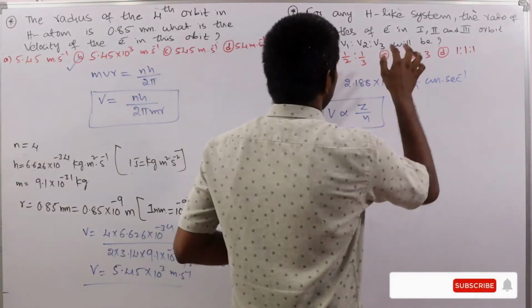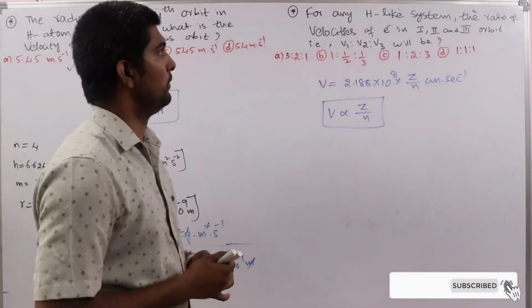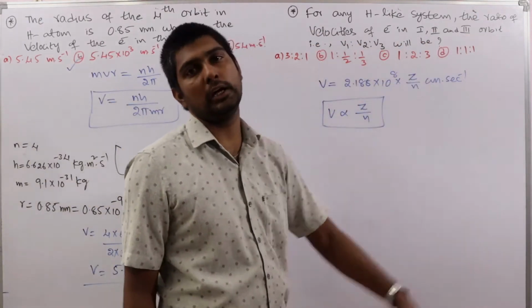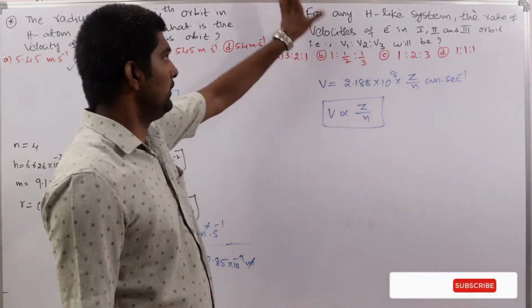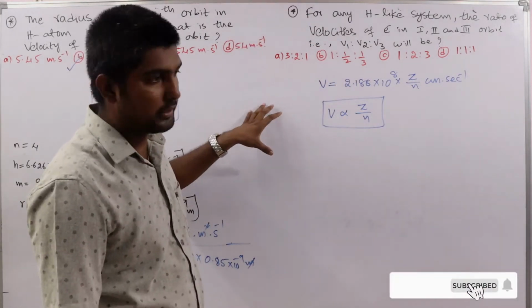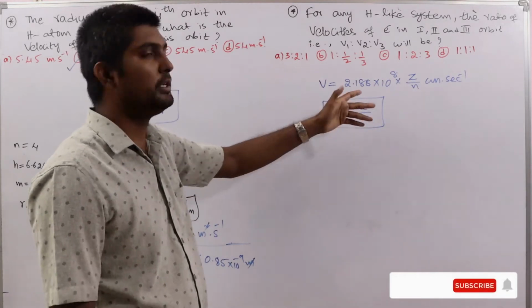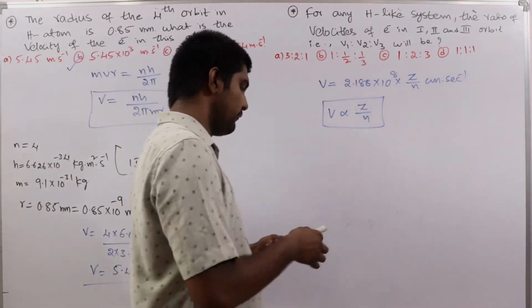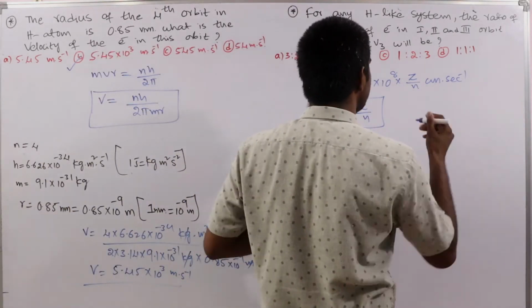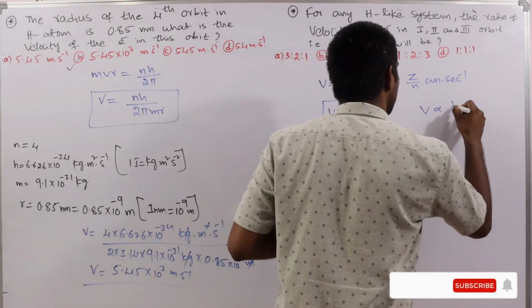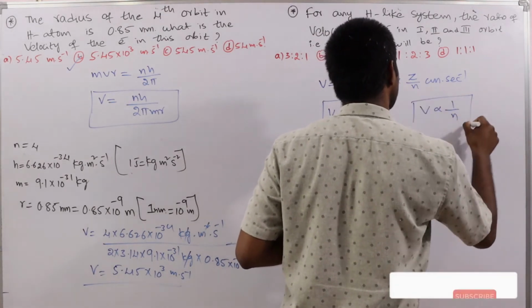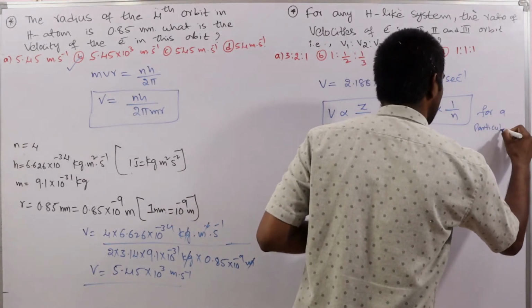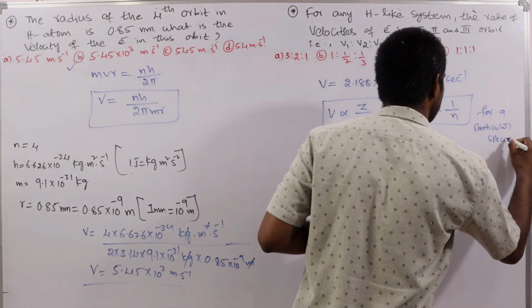They ask you to find the ratio of velocities of electron in the first, second and third orbit. For a similar atom we are discussing; suppose for hydrogen Z is 1, for helium Z is 2, like that. So we can further simplify: v is proportional to 1 by n for a particular species.